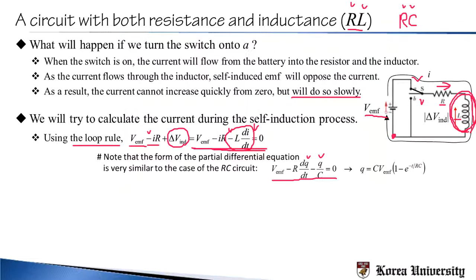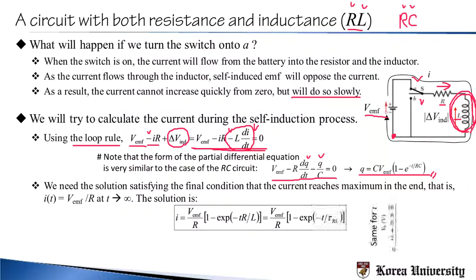They look similar, right? There are some differences in the constants, but they look very similar. And this was the solution for the time dependence of the charge in the RC circuit. So the solution for the current in the RL circuit has to look similar. We are not going into too much detail, but this is the solution we get.